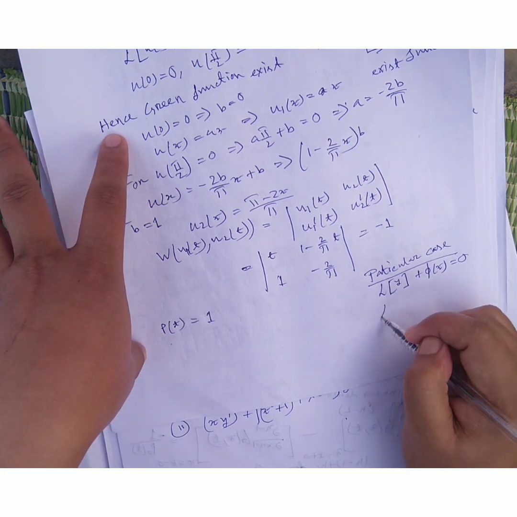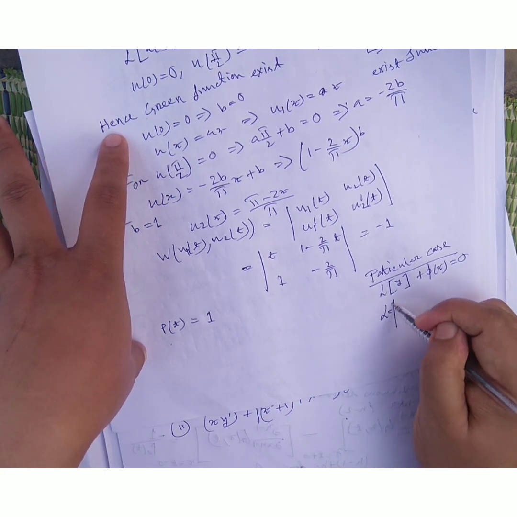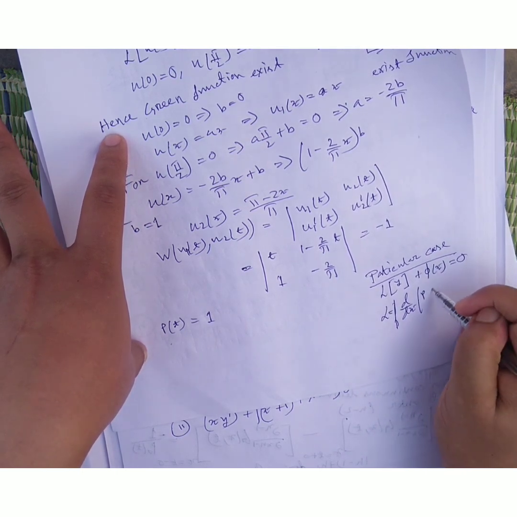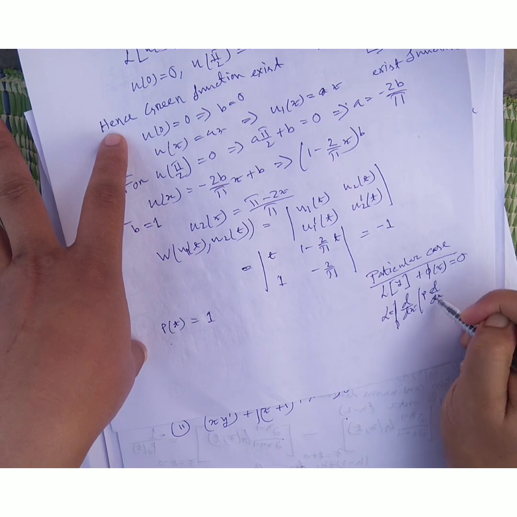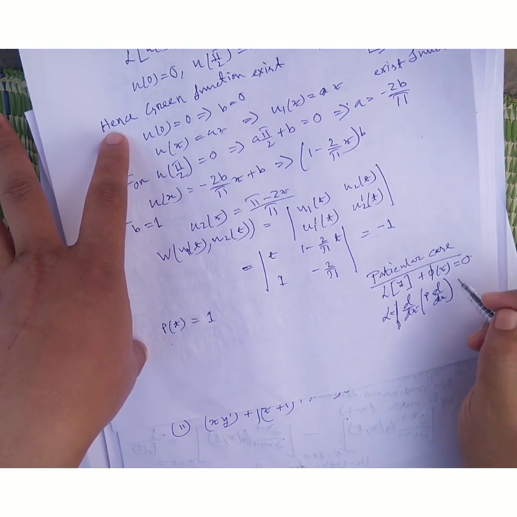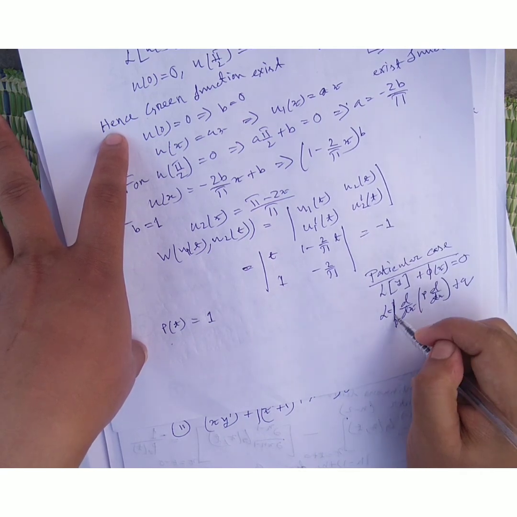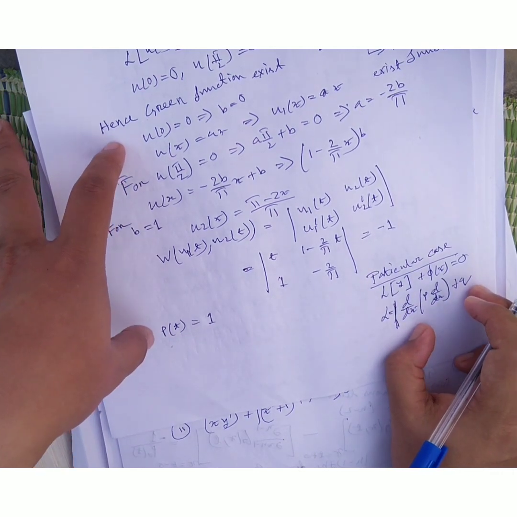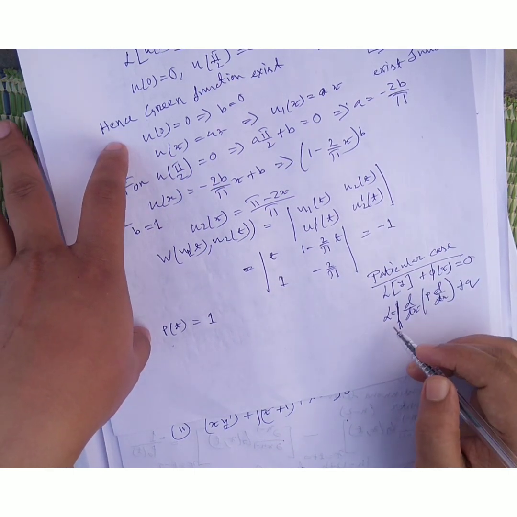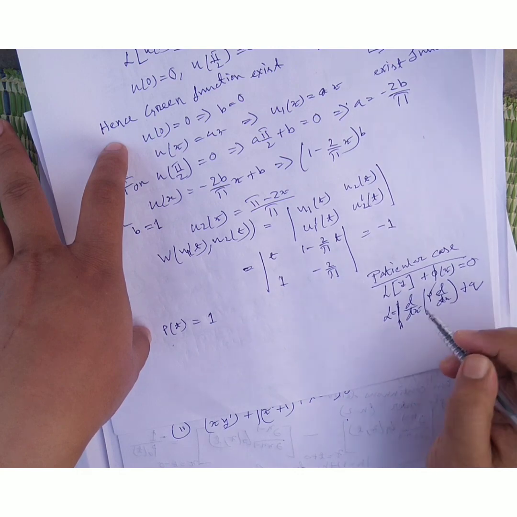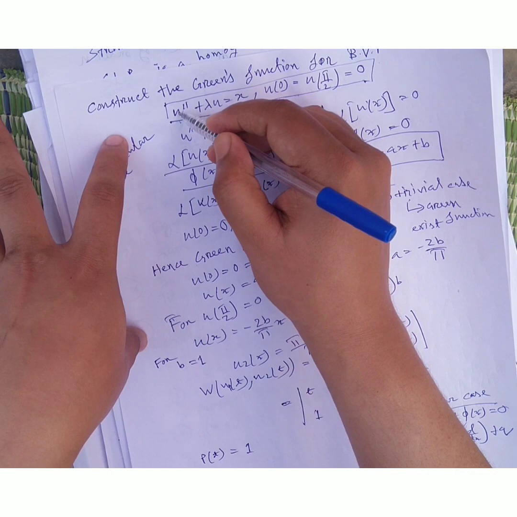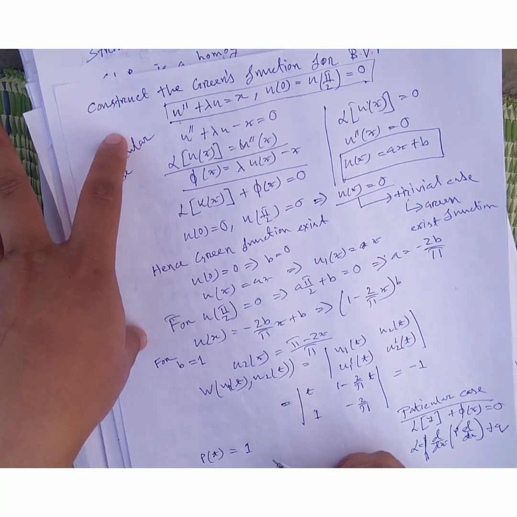Then L is equal to d by dx of p into d by dx plus q. This is the L value. So L is equal to this, and in the case of y double dash, p t is equal to 1.